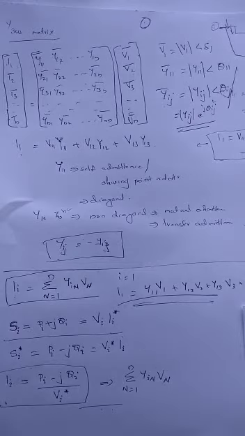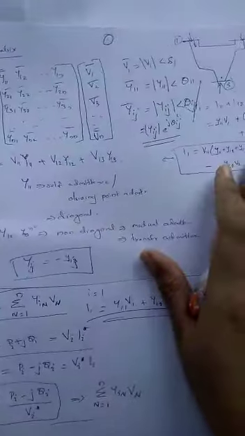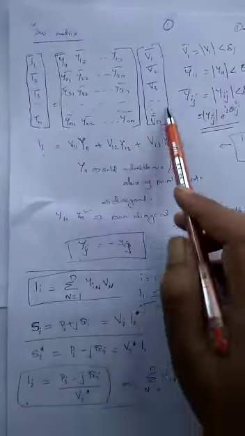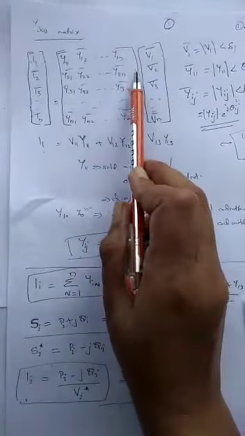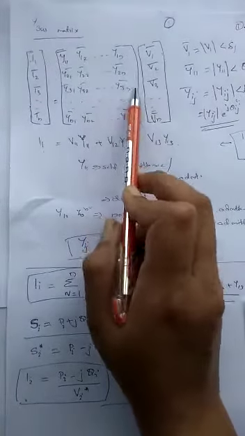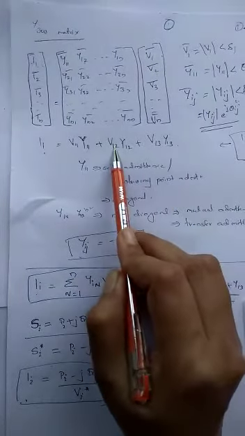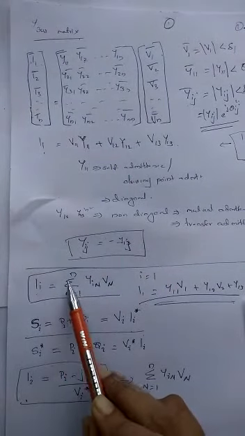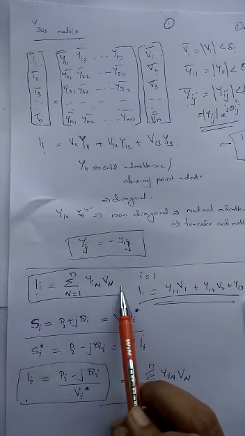Last class, from a 3-bus system, we formed an admittance matrix and wrote the equation I1 is equal to Y11 V1 plus Y12 V2 plus Y13 V3 and so on up to Y1n Vn. From this, Ii can be written as the sum from n equal to 1 to n of Yin Vn.